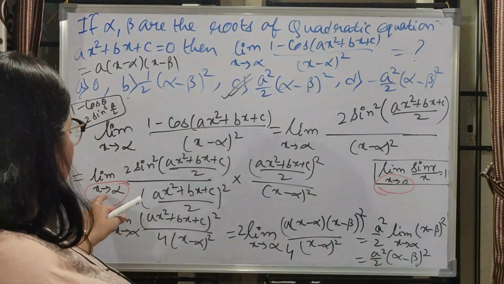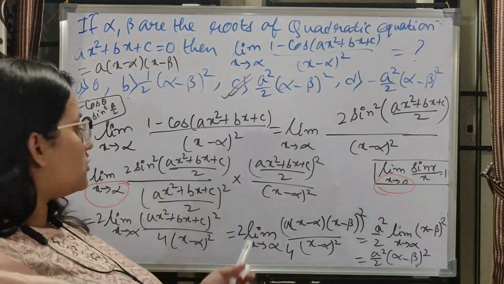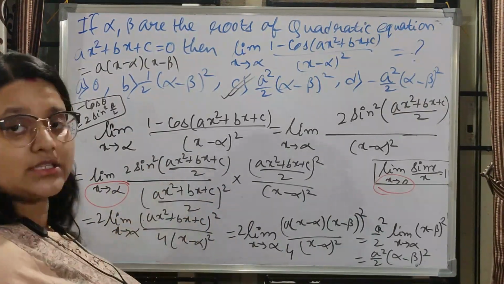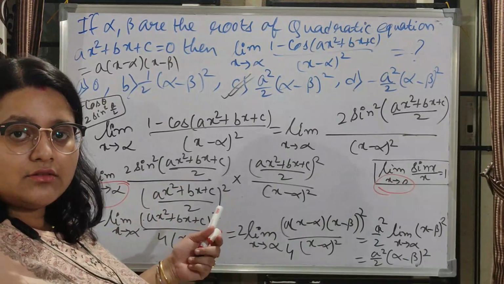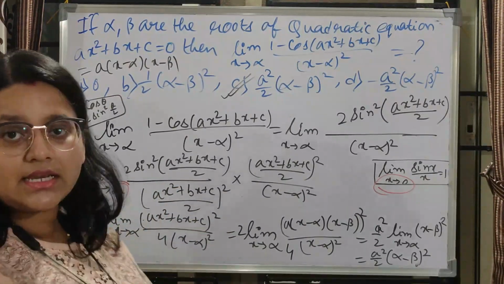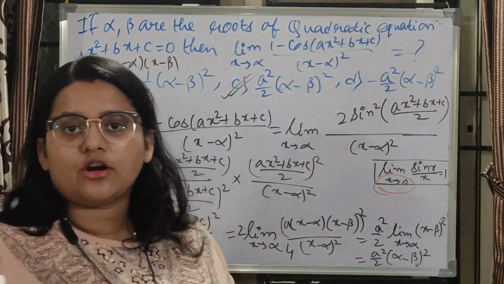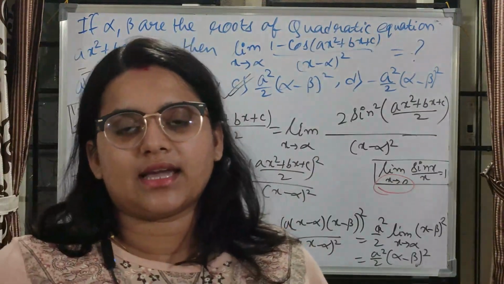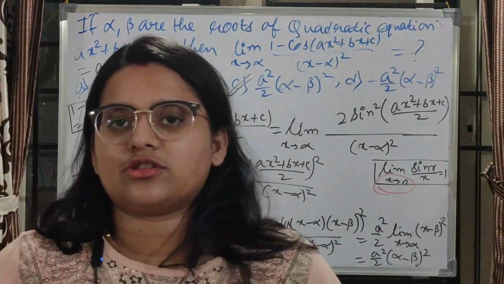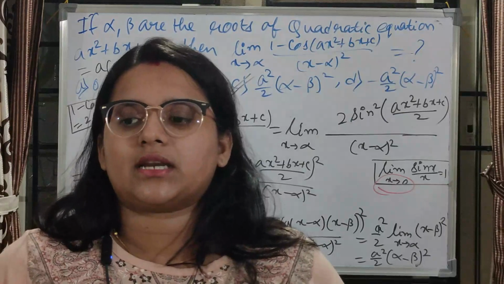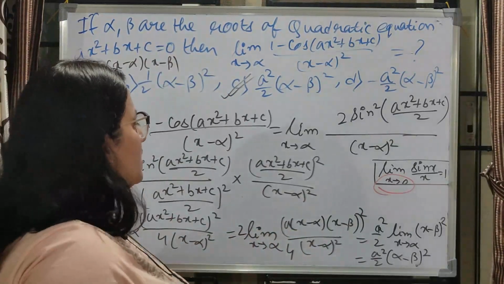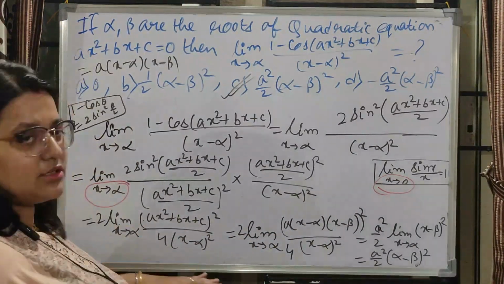Because here (x minus alpha) is a factor of this thing, so we can write it as (x minus alpha) into (x minus beta), and it will get cancelled out. So x minus alpha is tending to 0. That means if we call x minus alpha another variable like h, it will be h tends to 0, and the standard limit will be satisfied here. I hope this problem is clear to everyone.